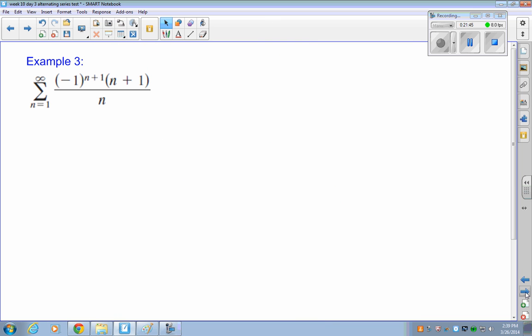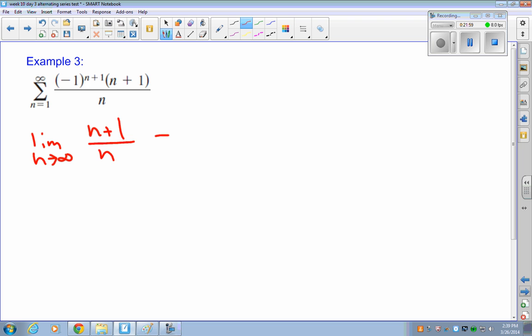Okay, here. Is it alternating? Okay. So then I worry about n plus 1 over n. What's that limit? Is that good, bad? Bad. All that means is the test doesn't work.